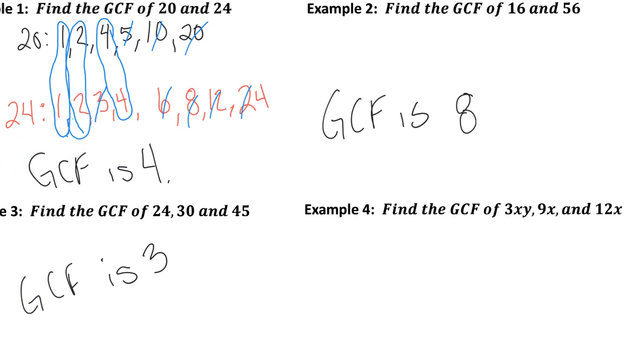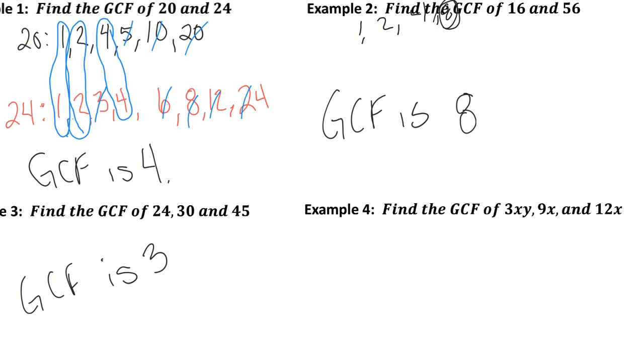Okay, so for number 2, you should have had that they had 4 numbers in common. They had 1, 2, 4, and 8 in common, but 8 is the greatest one, so their GCF is 8. So you have to be really careful that you get all of the factors, because if you miss one factor, then you might miss the GCF.